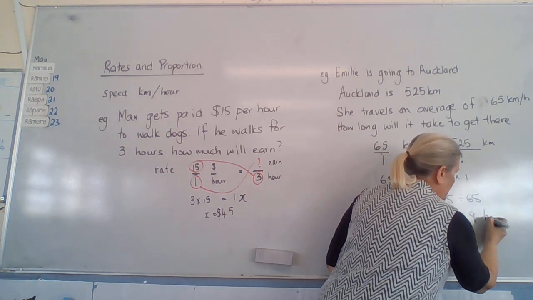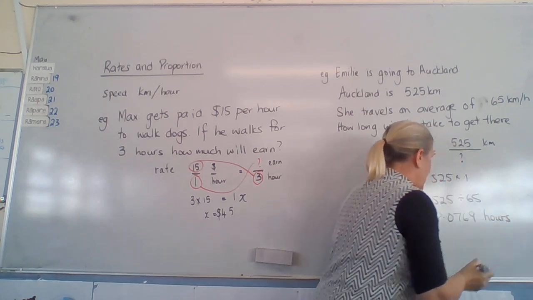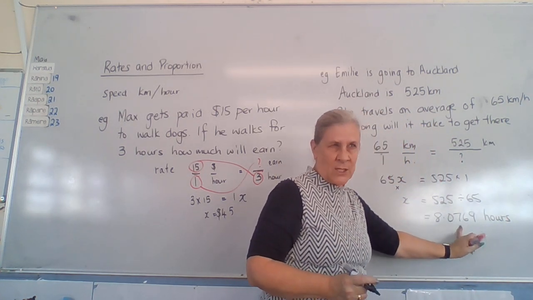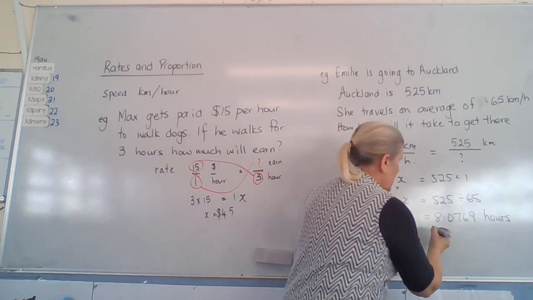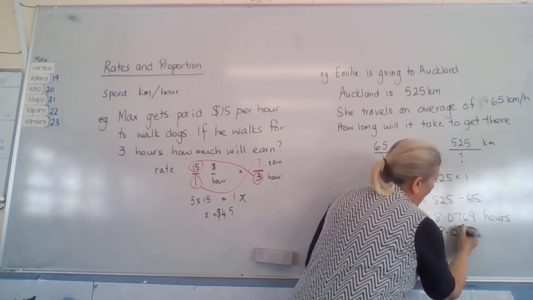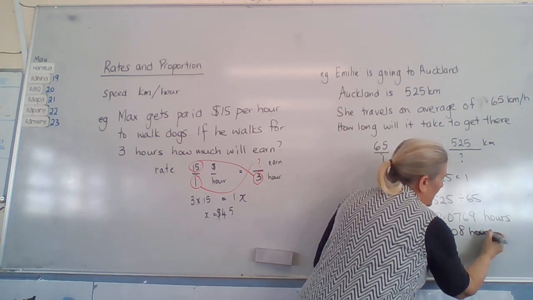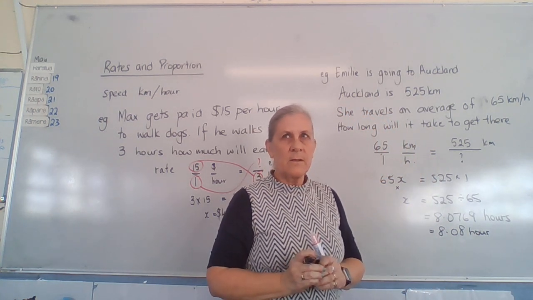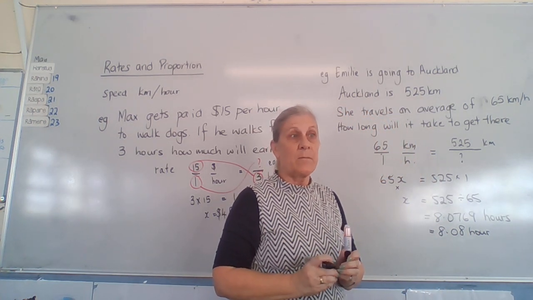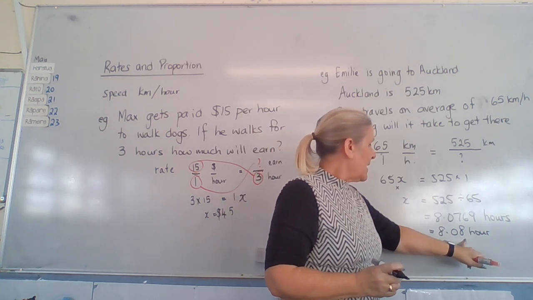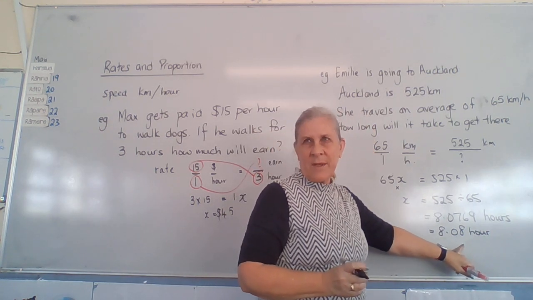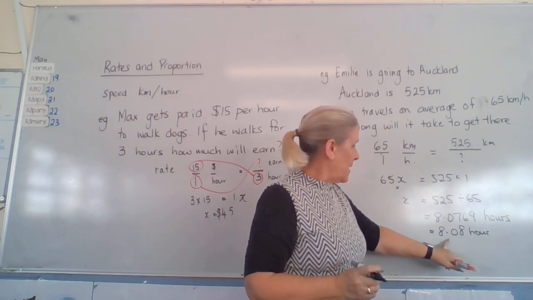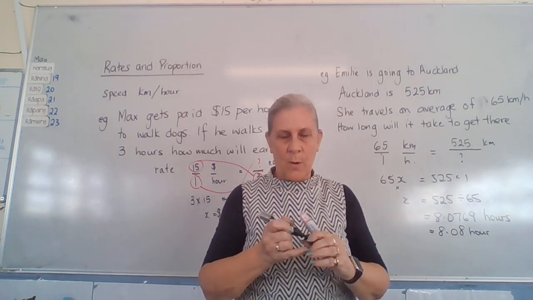Right, I don't know too many of those sorts of hours, but I could quite happily go to about here. So our rounding comes in here. So we're going to say 8.08 hours, because that's not 8 minutes. All right, it's more than 8 minutes because it's 8.08 of an hour, and an hour is only 60 minutes. All right, but we can write it as 8.08 hours.